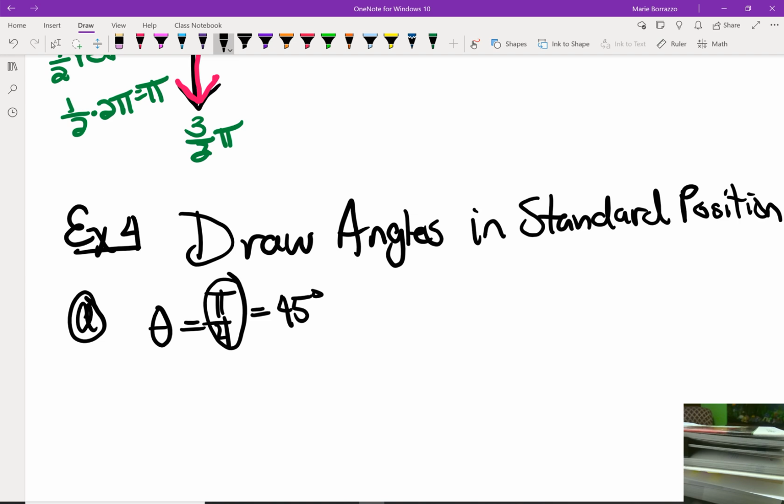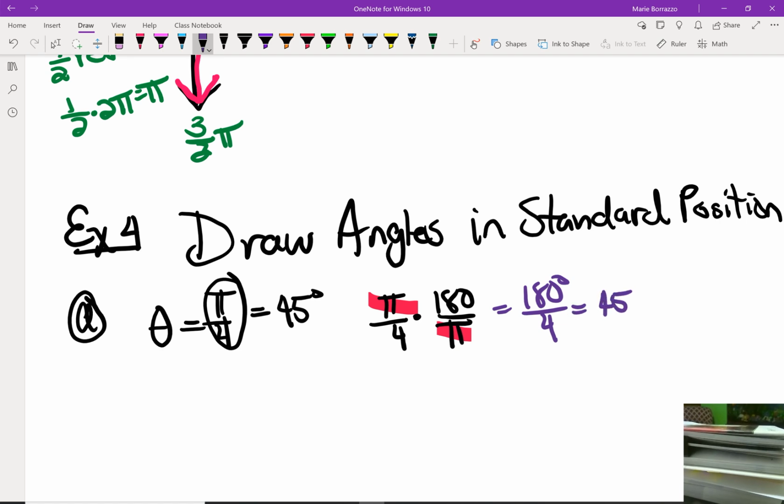What I want you to do is think about, if I have pi over 4 radian, I multiplied this by 180 over pi. Notice that the pi's are simply going to cancel. And you're left now with 180 degrees divided by 4, which is in essence 45-degree angle.